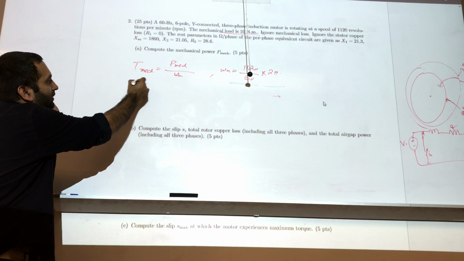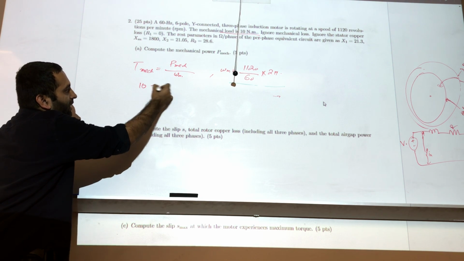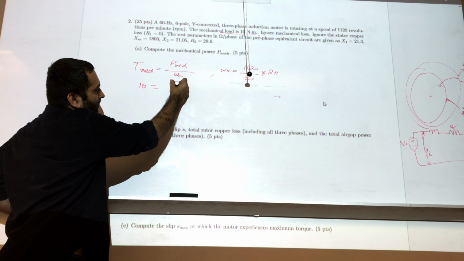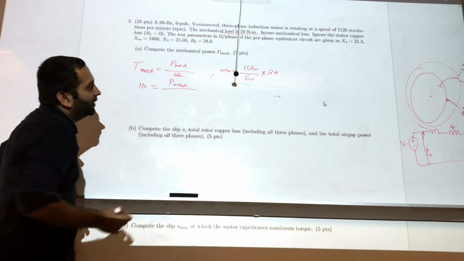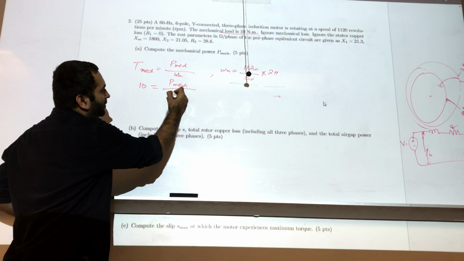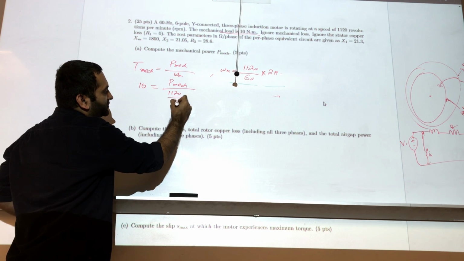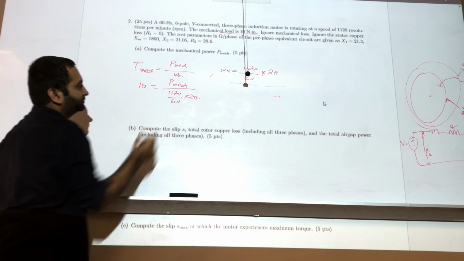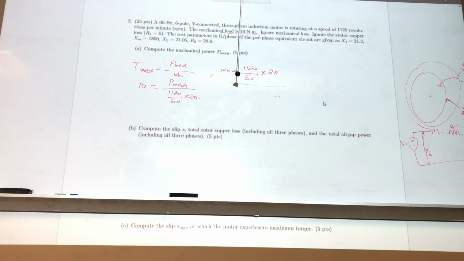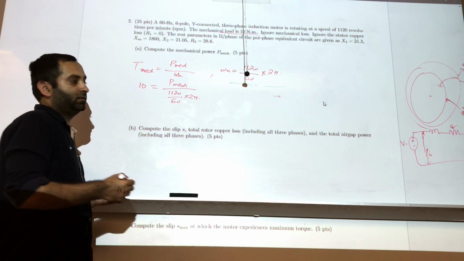So the T mechanical is given as 10 and P mechanical you have to find, and omega m is 1120 over 60 times 2 pi. I got 117.